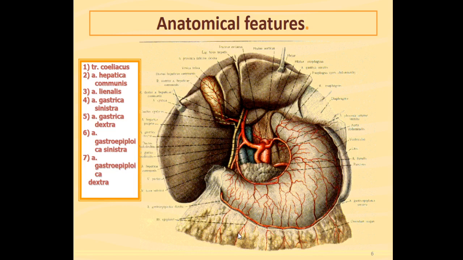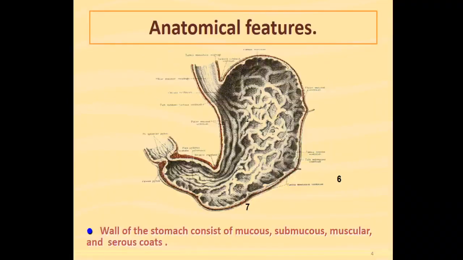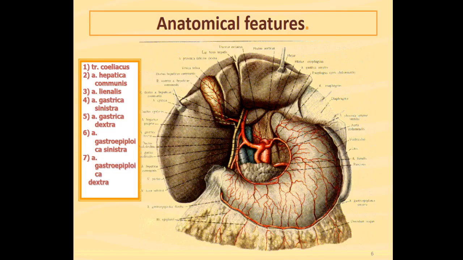Blood supply. The blood supply of the stomach is very good. There are many arteries that supply the stomach. The main vessel is the truncus celiacus, with its special branch, arteria gastrica sinistra. And from the truncus celiacus and hepatic artery, there is arteria gastrica dextra. They are the small curvature arteries.